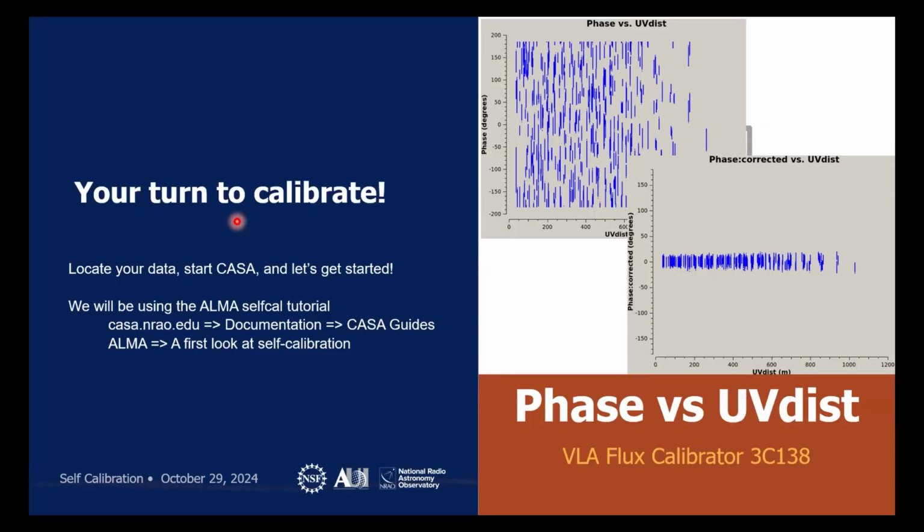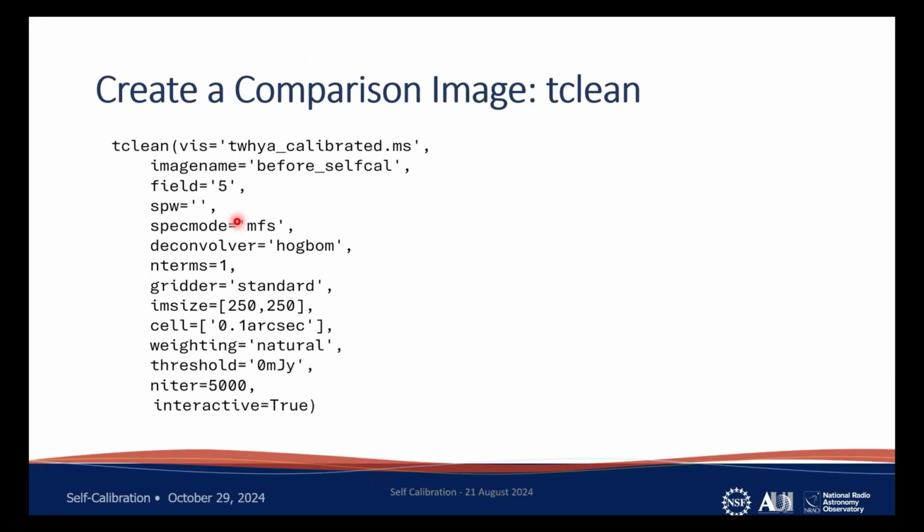Okay, so now would be the hands-on session. It's our turn to self-calibrate. Make sure you have your script open, the selfcal tutorial.py. First of all, we should create an image to compare against, because we want to see how the image looks before self-calibration compared to after.